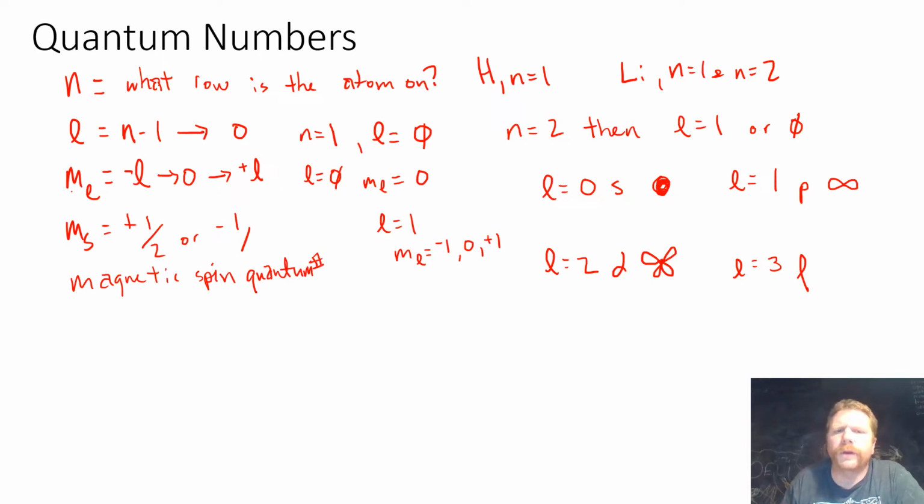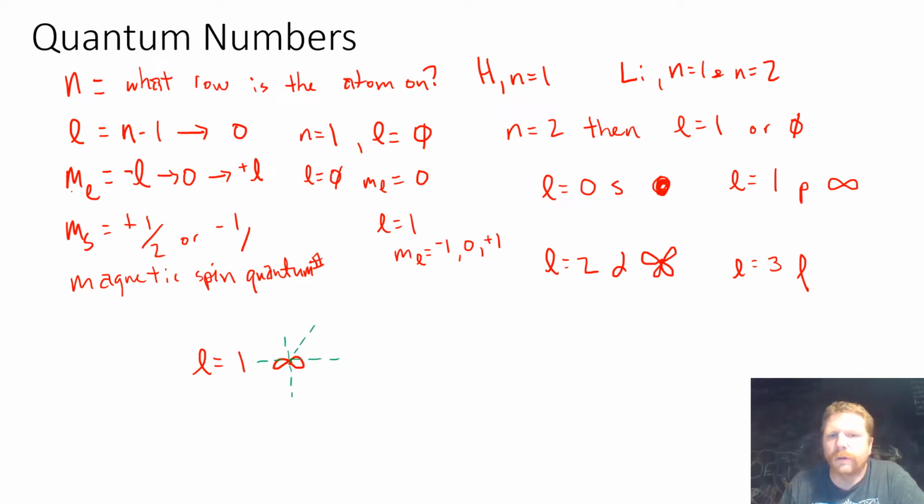Okay, now I'd like to go back to that m sub l value, and think about if l equals 1, what are your possible values? Well, let's think about the shape of l equals 1. That's your dumbbell shape. That's your p orbital. Now, what's important about that p orbital is we always think about it with respect to the axes.